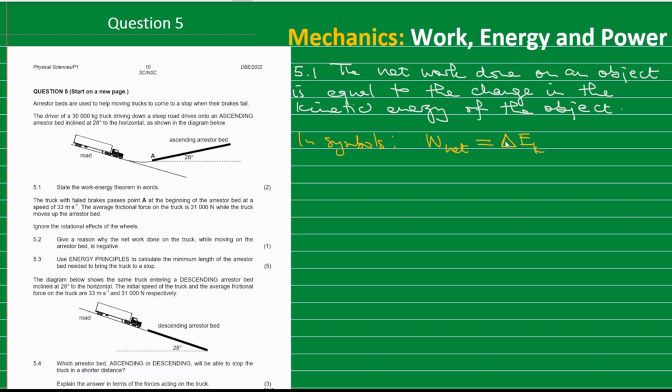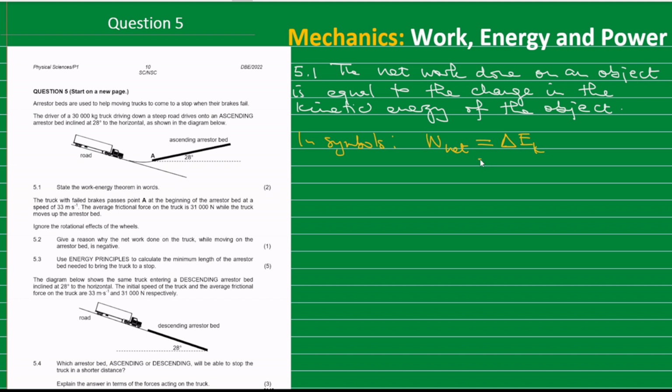So if you just put words here, W net stands for the net work done on an object, is equal to the change in the kinetic energy. Delta refers to change in the kinetic energy, EK.